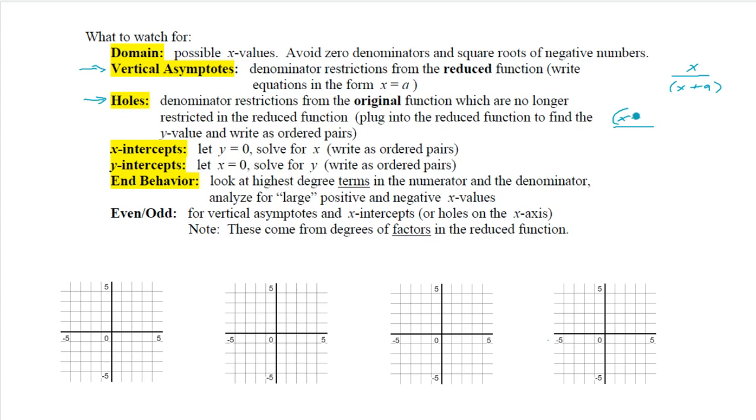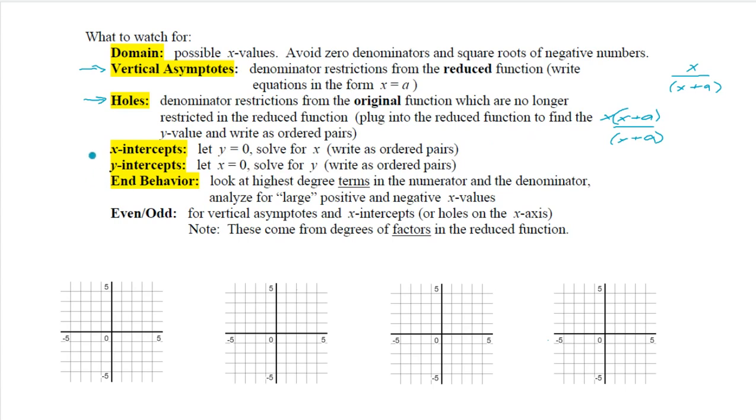So in this case, we had x plus a and x plus a in the numerator and denominator. It would still not exist, but it would be a hole instead of an asymptote. So these two are key points to find, especially when we're getting ready to graph this.